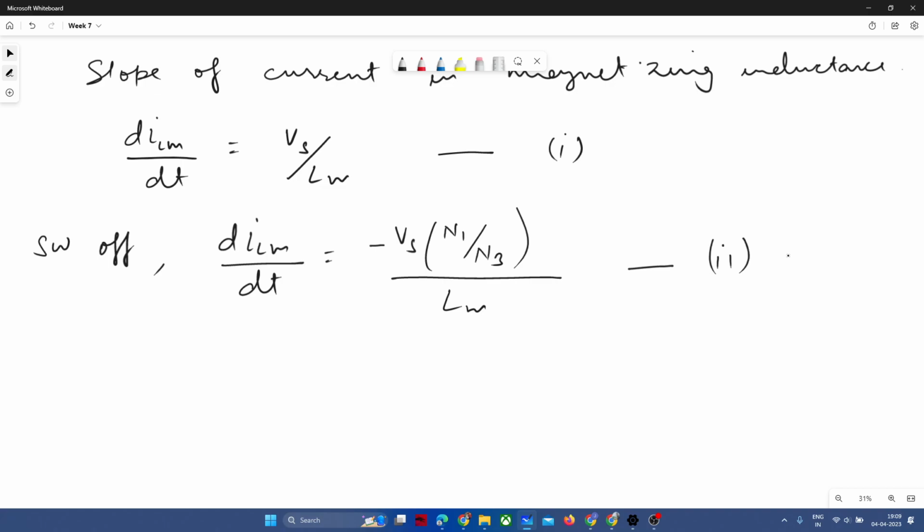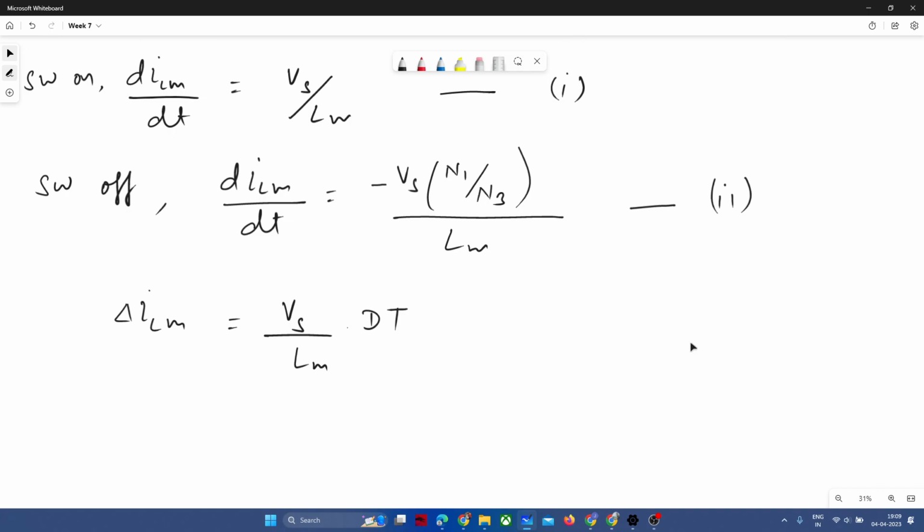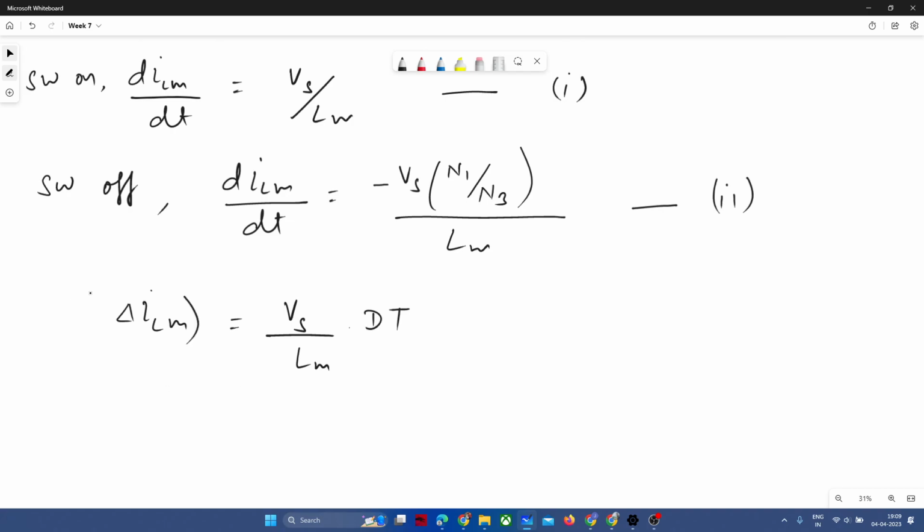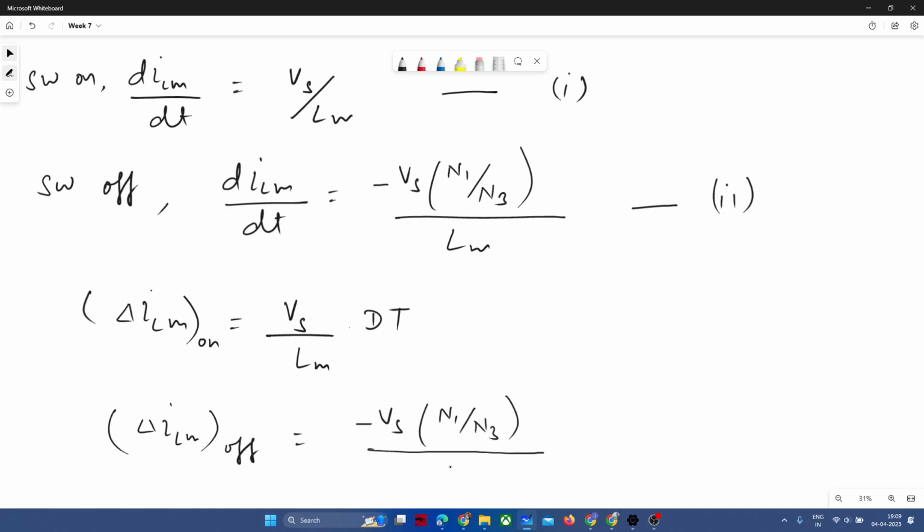Now both should match with certain time. So this dt, let us write it as del ILm when the switch was on. Del ILm was Vs by Lm into dt. Now del ILm off should be equal to minus Vs into N1 by N3 by Lm, and it will have certain time.